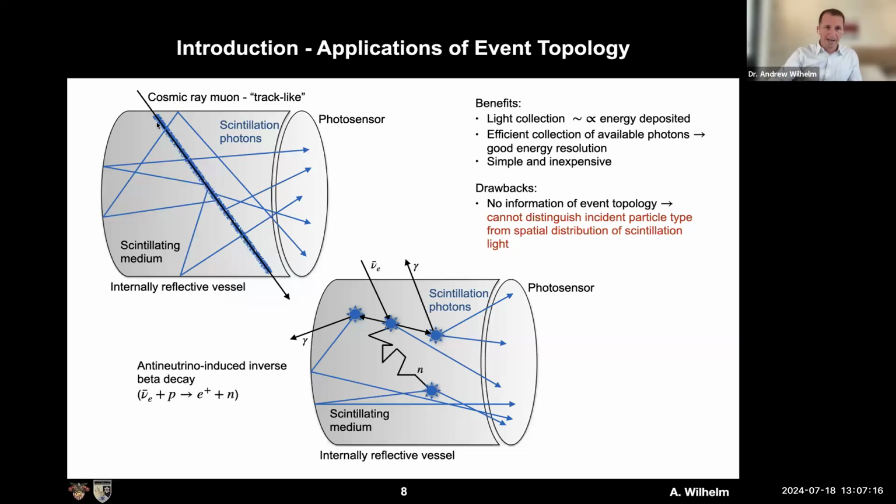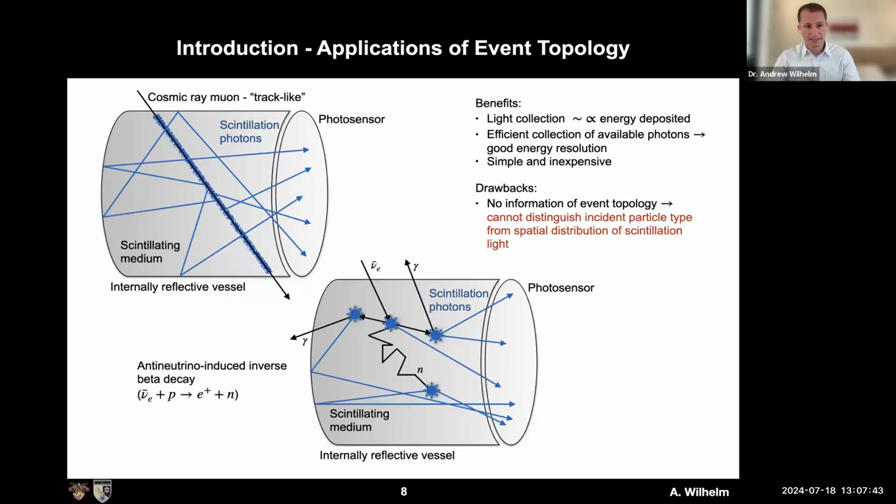So if you had information about where this energy was deposited, it would be very clear that it was a track-like event, and that would tell you, potentially, what kind of particle it was. Conversely, if you're looking for a rare event, something like an antineutrino-induced inverse beta decay, sometimes there's very characteristic interaction patterns that can help you identify that it was that type of particle that interacted.